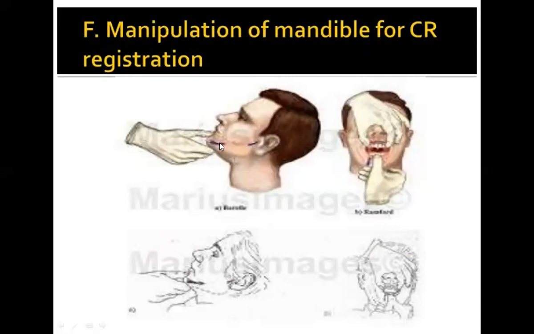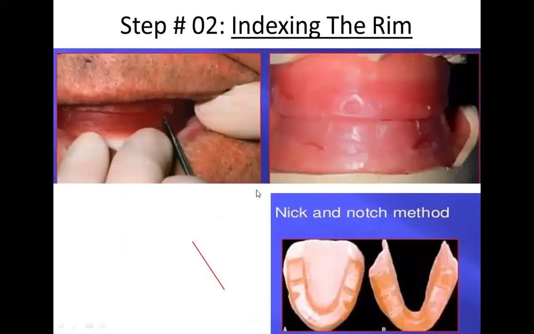Just see the angle of your movement there. You have to manipulate the mandible backward and upward. If you are able to do that, mark a line from the maxillary to the mandibular rim and repeat the procedure.